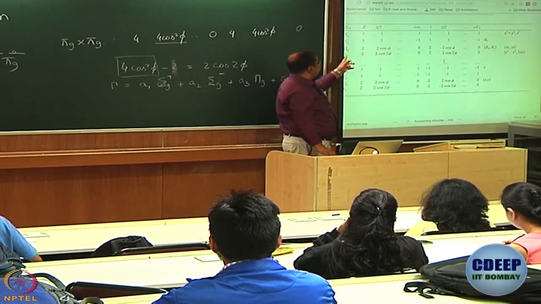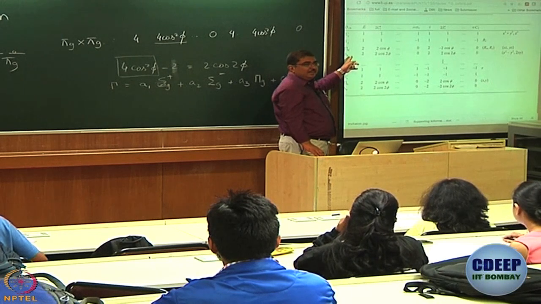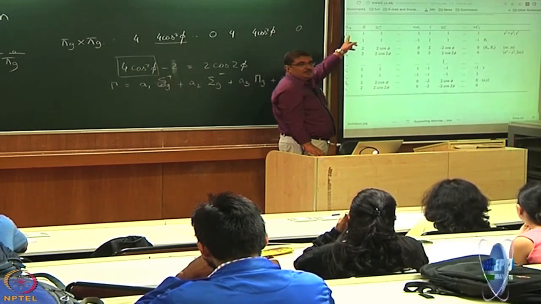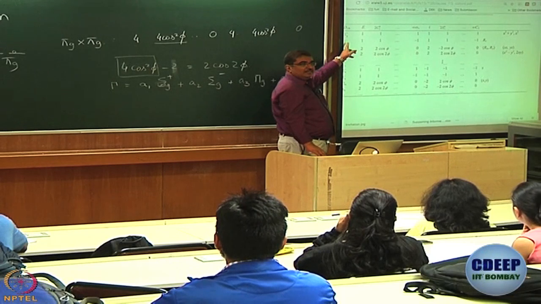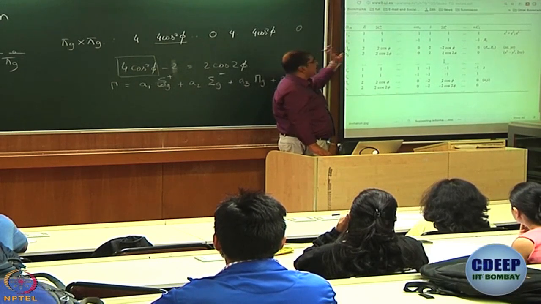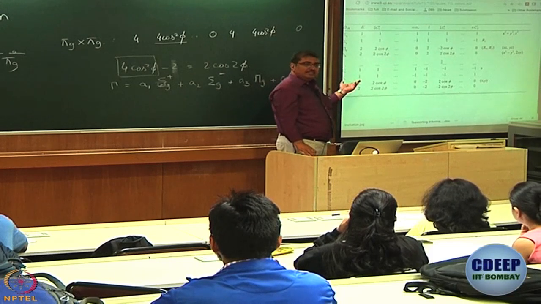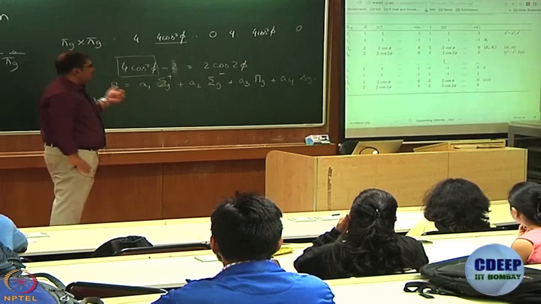Can it be 2 delta g? 2 delta g does not match, right? Can it be delta g plus 2 sigma g plus? No. Can it be delta g plus 2 sigma g minus? Then I am only left with delta g plus sigma g plus sigma g minus. Does that give you the same answer? Yes? Actually, that is a better way. I think I was going in a very roundabout manner, it is not required.